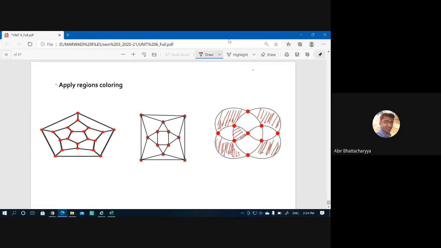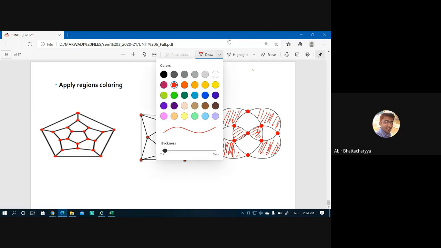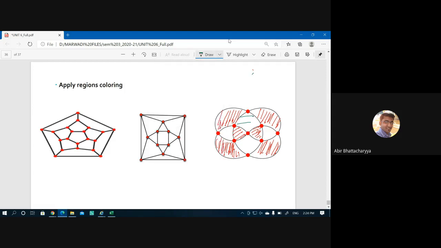So all of these can be red, and this one also can be red, not adjacent because they are connected only by one point. Adjacent means one common edge will be there. No common edge means it's not adjacent. So all the others are going to be green. That's why two colors are good enough to color this region graph.